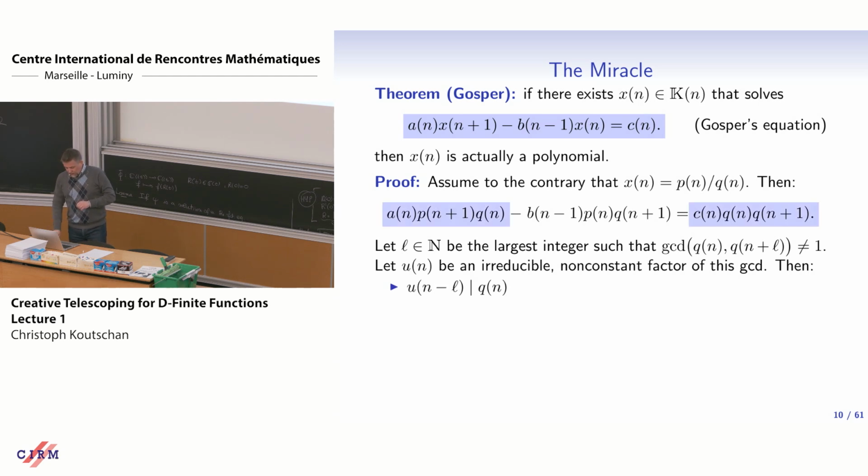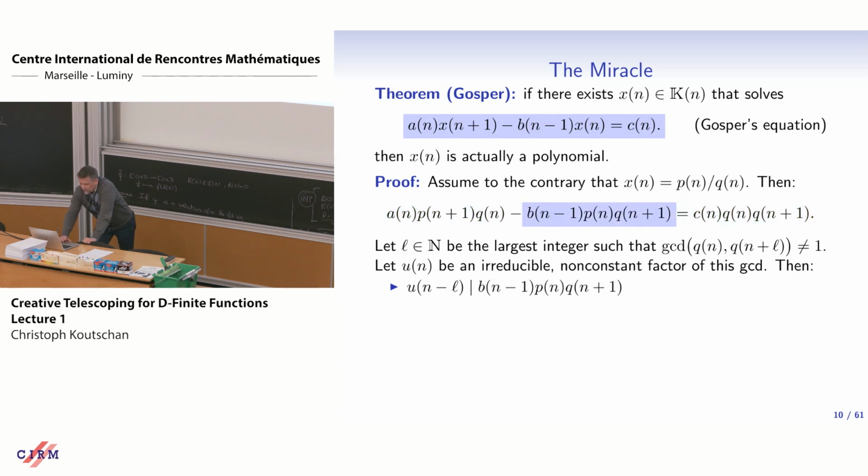And now what happens? So if u of n divides this GCD, that means u of n divides both of them, and if we shift L backwards, then it divides q of n. Okay? So q of n is here, and it is here. Therefore, this u of n minus L must divide this part here.